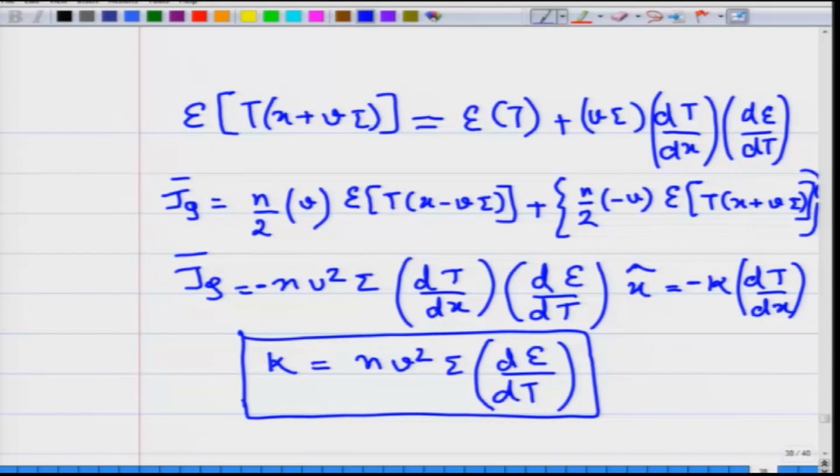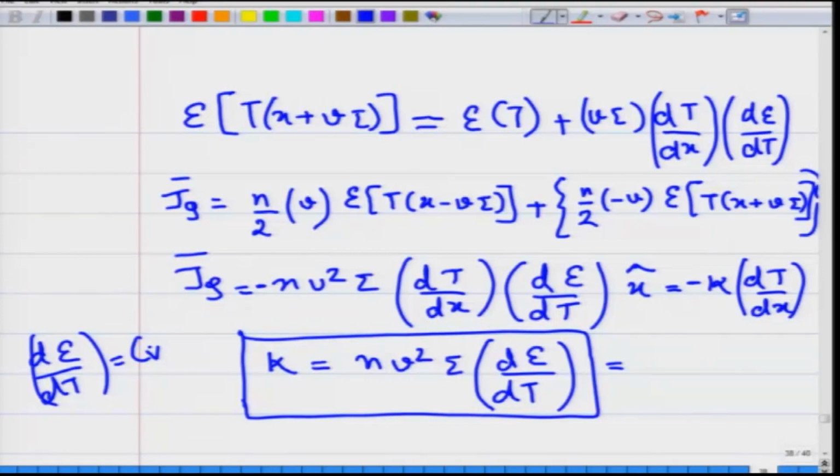The thermal conductivity itself, as you see, is modified by the presence of this scattering. The scattering actually changes the thermal conductivity of the material, okay. And dE by dT is the change in the total energy of the particles as a function of temperature, and that is nothing else but specific heat.